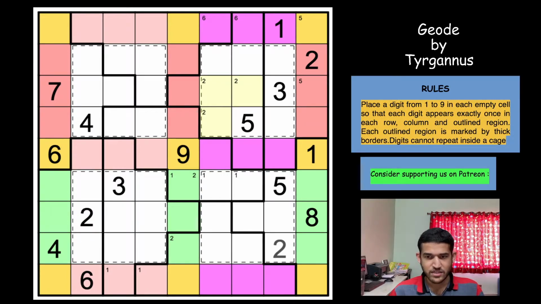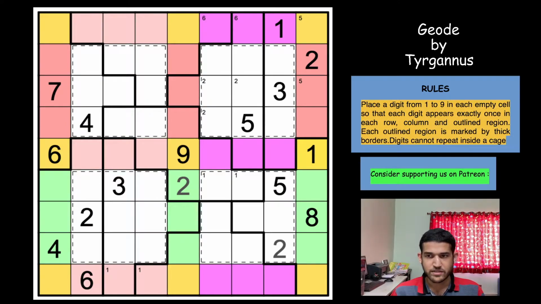Ah, that is nice. Now, because of the 2 in row 8, column 8, we can get the 2 in the green region. So the 2 goes here and that reduces 1 into one of these 2 cells. So remember that these 3 cells, which are row 6, column 5, 6 and 7 must be the same as row 5, column 2, column 3 and column 9, which we saw at the start.